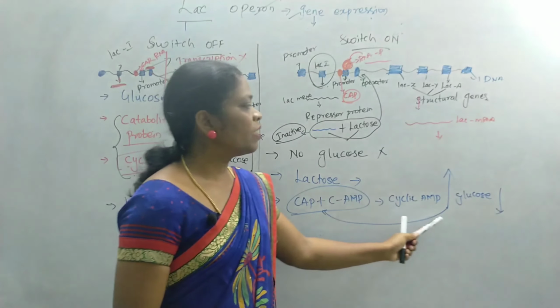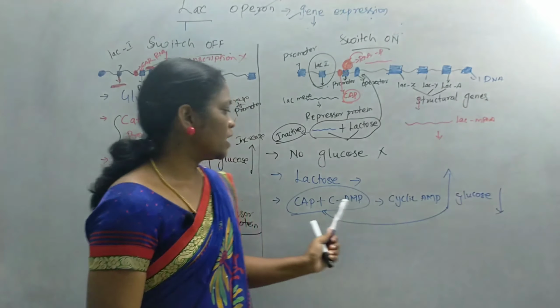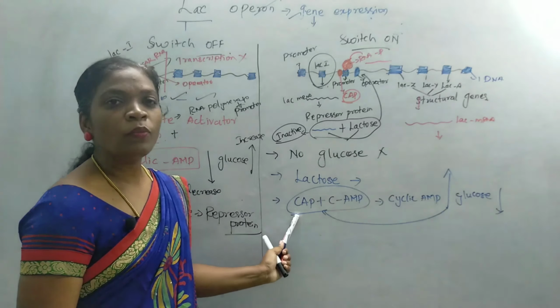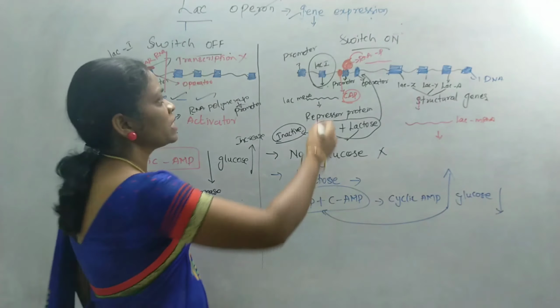But here the cyclic AMP level increases when the glucose level decreases, so it initiates the cyclic AMP complex with the catabolite activator protein. This complex, which is present before the promoter, that is the CAP, will enhance the combining of RNA polymerase with the promoter sequence to initiate the further process of transcription. So this is the function of the CAP complex in the Lac operon system.